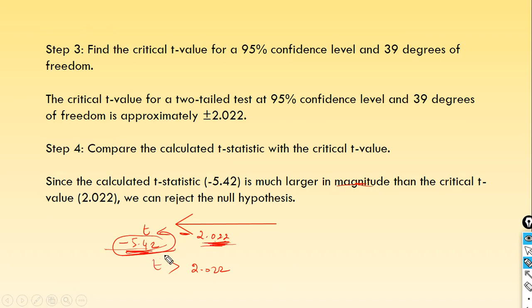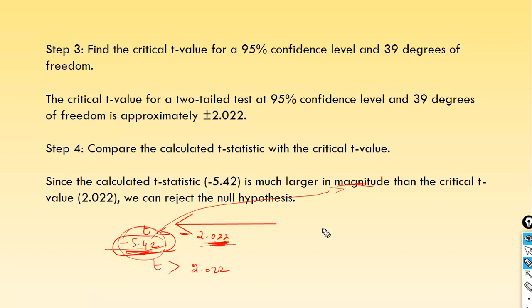Whose debt is very high? This one, right? So hence this is less. In terms of debt, magnitude is larger, which means I'm poorer than you. This is less than this value, hence we reject the null hypothesis. So this is correct only.